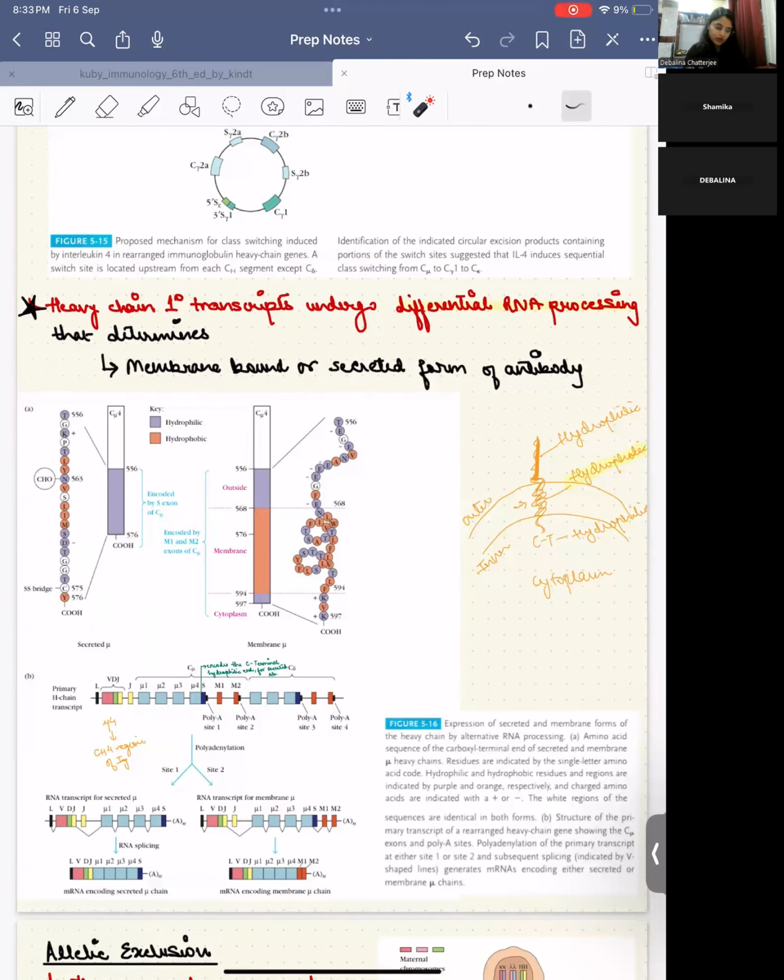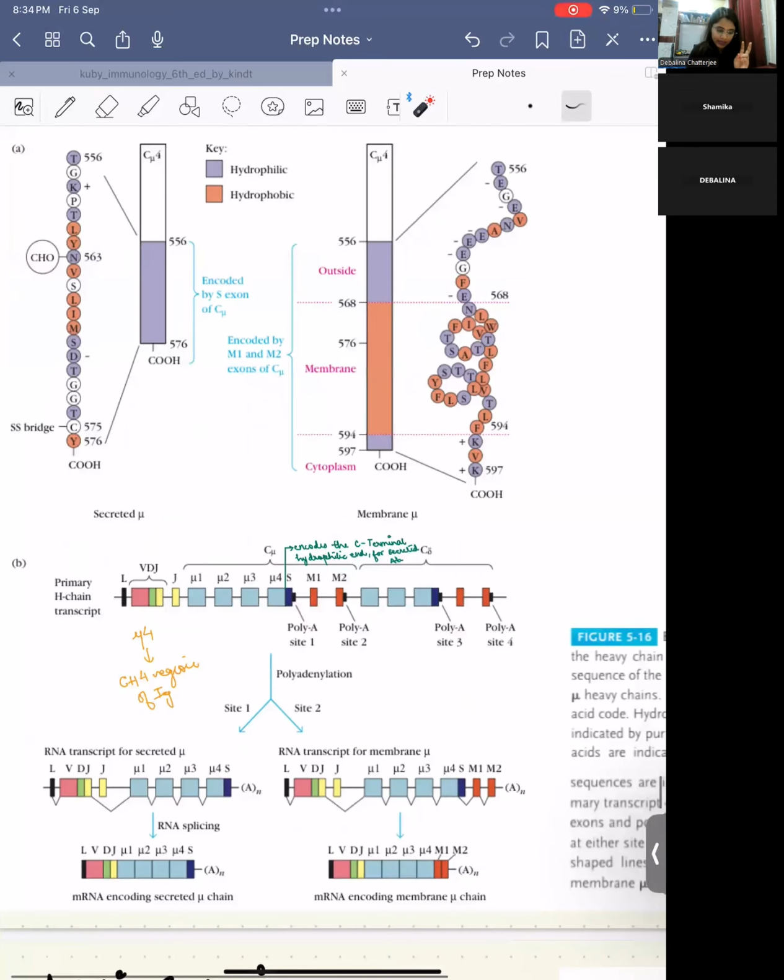See, there are two possibilities: transmembrane domain and secreted form. For any protein to have a transmembrane domain, it must have certain hydrophobic amino acid residues, because the core of this transmembrane region is hydrophobic in nature. Because of RNA processing, there are two poly A sites, right?